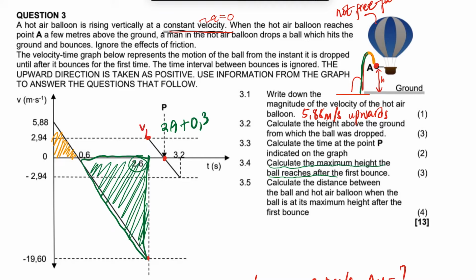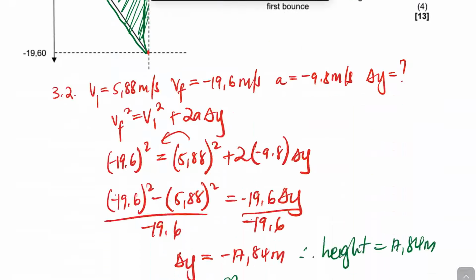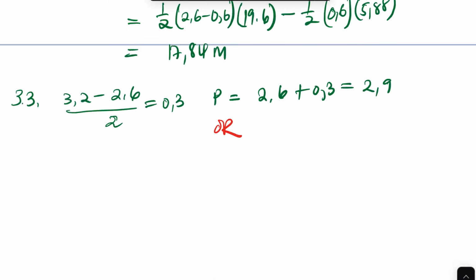This will be the initial and this will be the final. So this is the maximum point, which is at this point, right? We wanted the time it took from here to here. So what are we going to do? We're going to use this and this to get the time there. So we're going to use that formula.